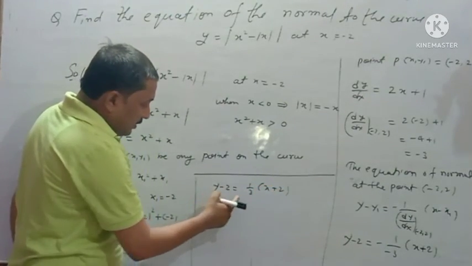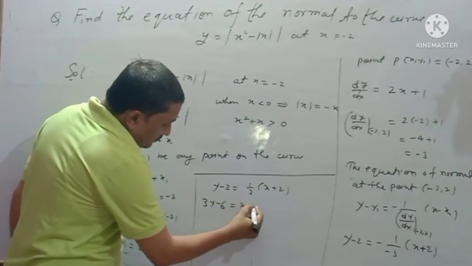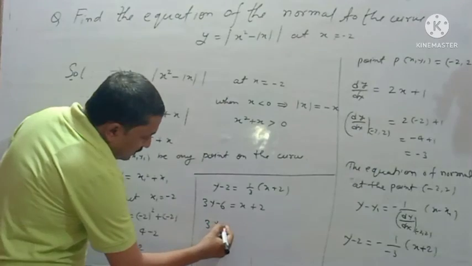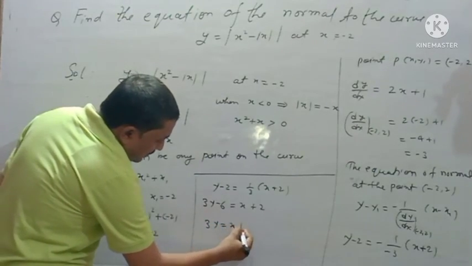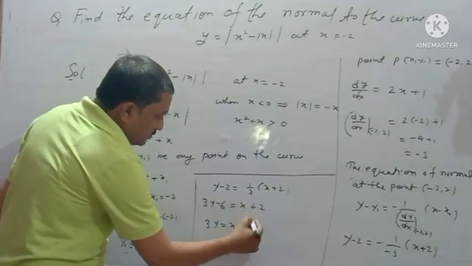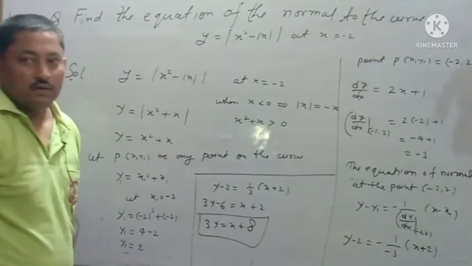After solving, we get 3y minus 6 is equal to x plus 2. So 3y is equal to x plus 8, which is the equation of the normal.